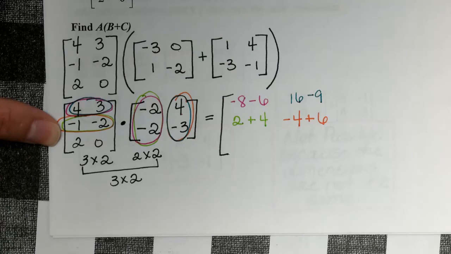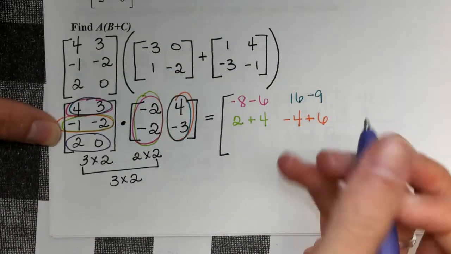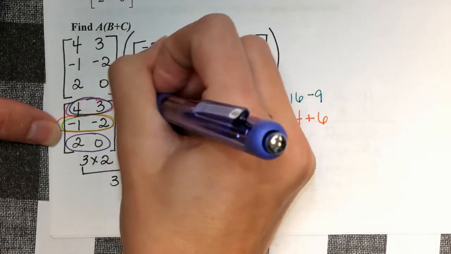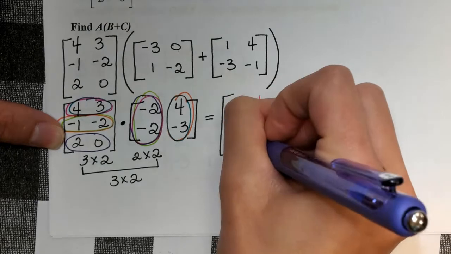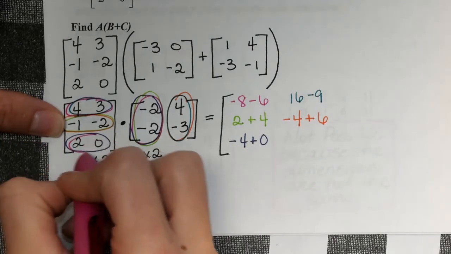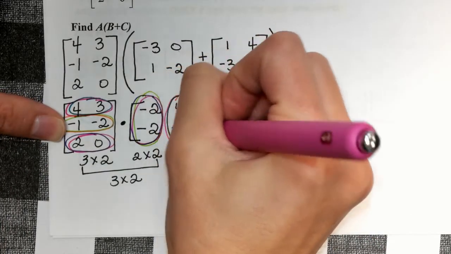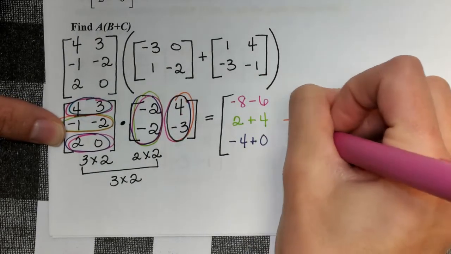Y'all good? Okay. Then third row, first column, 2 and -2 gives me -4 plus 0. And then third row, second column, 8 plus 0.